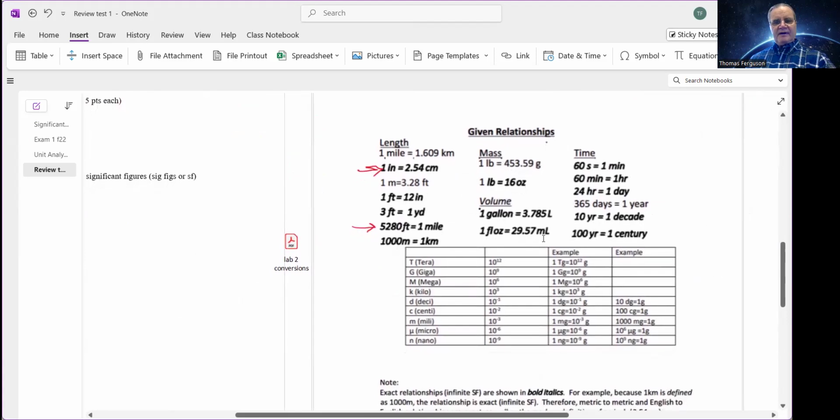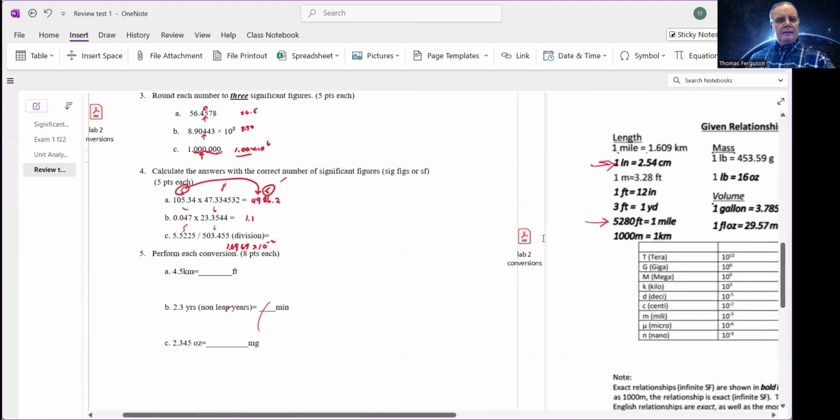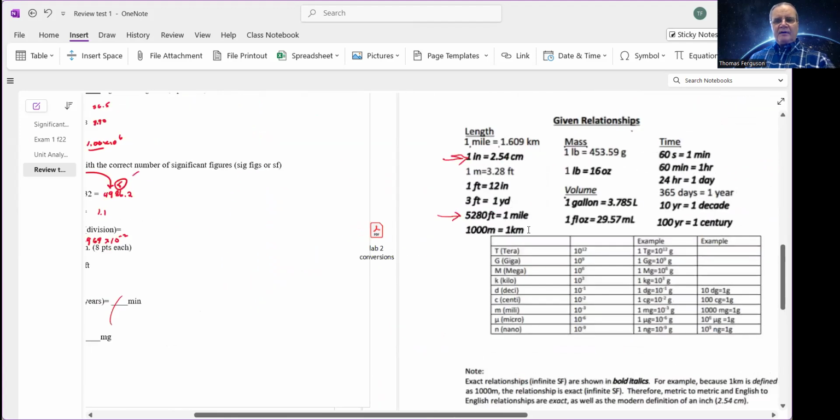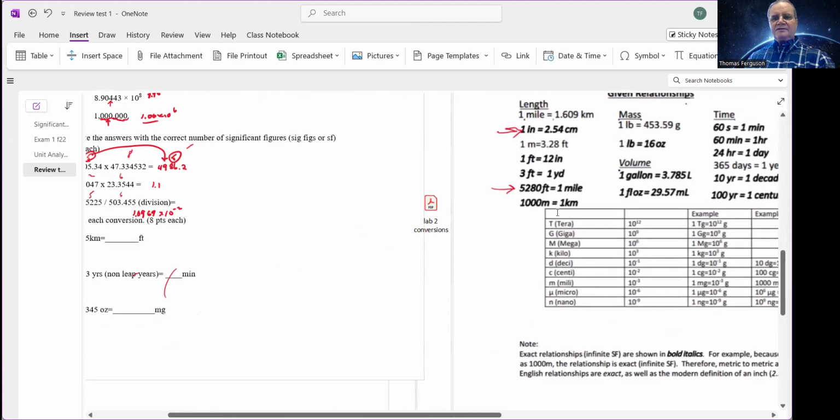We don't have a conversion factor for that. But we can convert a kilometer to meters. That's straightforward. Or we can go kilometers to miles, miles to feet. Right? We want to go, have to remember always now.